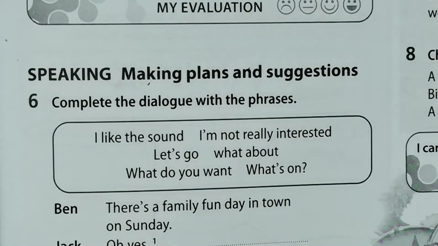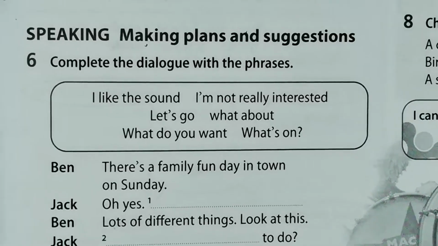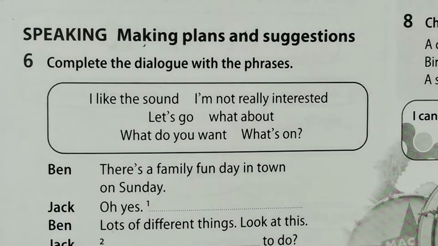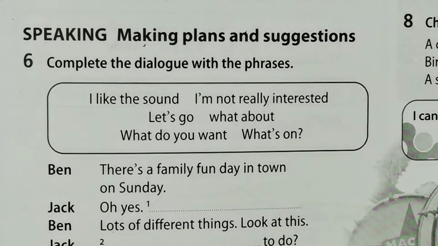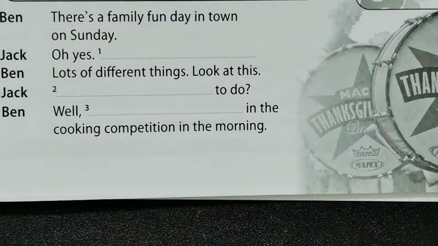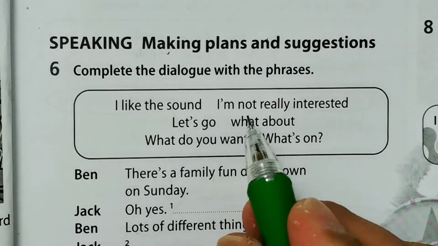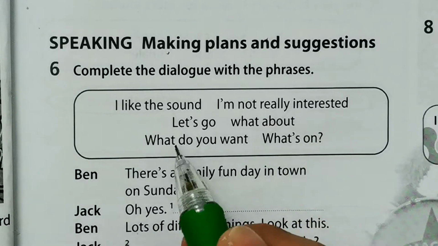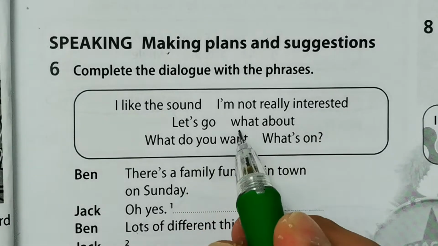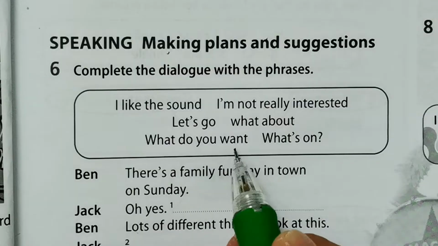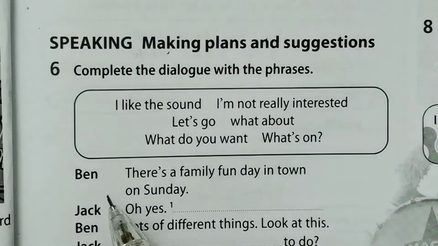Okay, next we move on to the next activity. So this is speaking, making plans and suggestions. Activity 6, complete the dialogues with the phrases. We have: I like the sound, I'm not really interested, let's go, what about, what do you want, what's on.